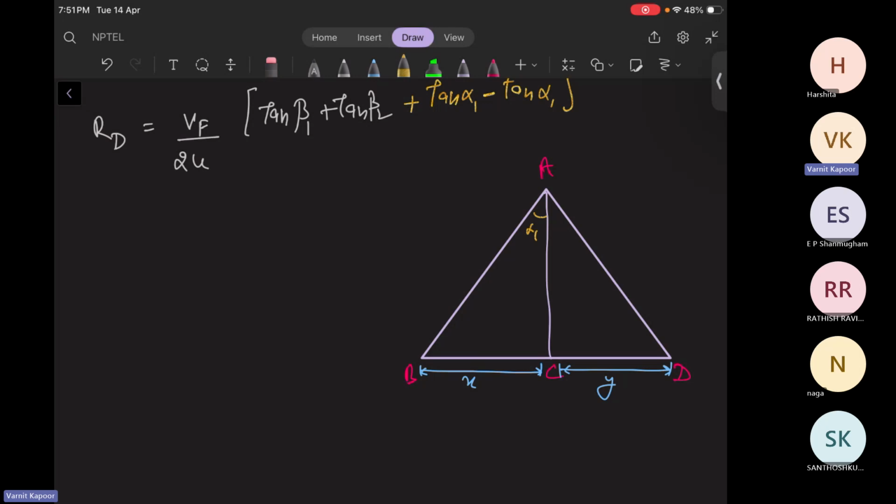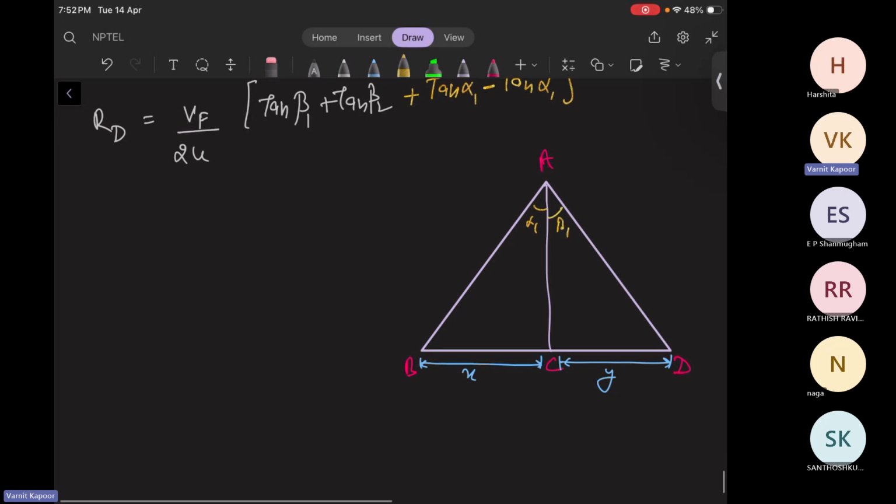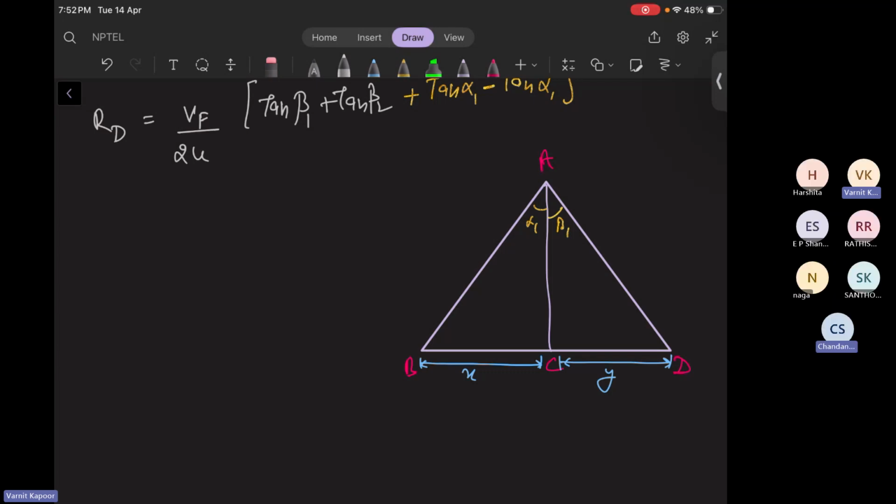This was your alpha 1. This was your beta 1. Okay. Alpha 1 and beta 1. Let us say this is VF. Chandana, any doubts? You have unmuted yours. Okay. This was your VF. All right. This was your V1. So let us say what is tan beta 1? Tan beta will be CD by AC, that is Y by VF.